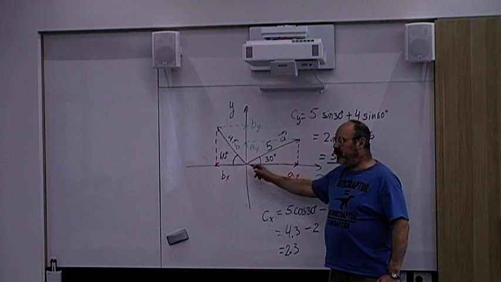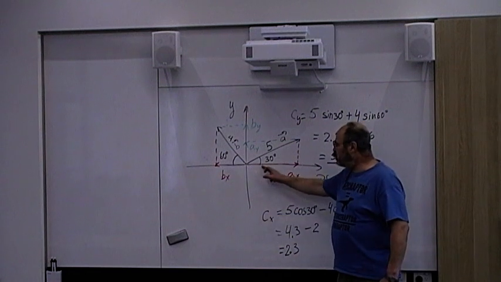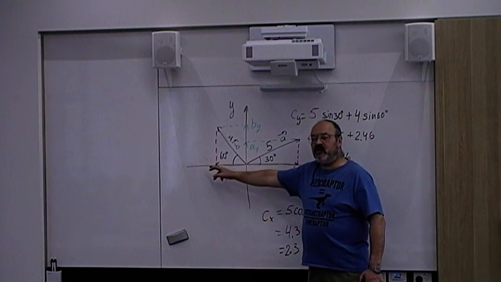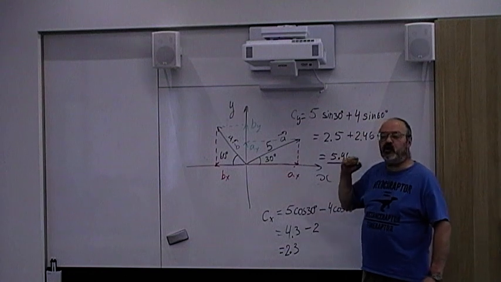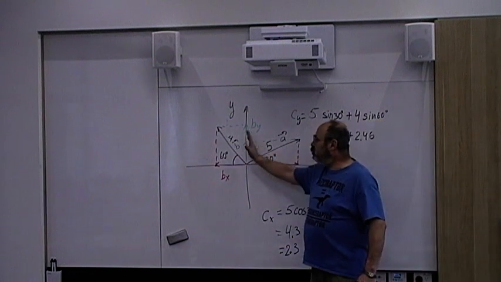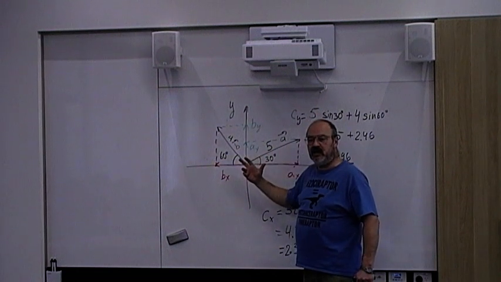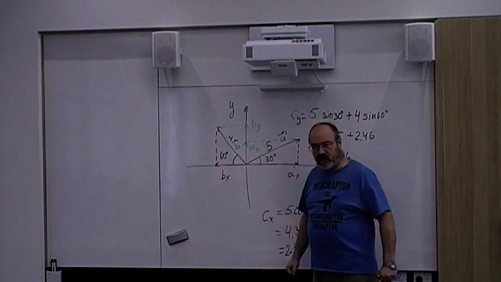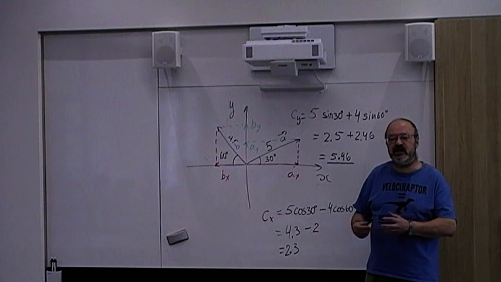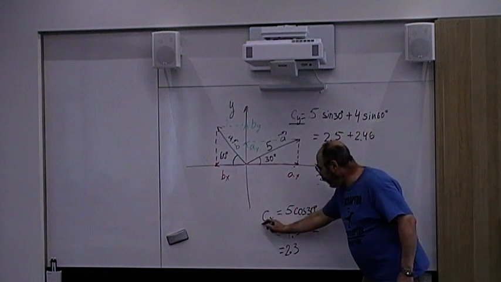We have found that CX is the addition of the x components of vectors A and B, so it's the resultant component in the x direction. AY plus BY will be the resultant component in the y direction. So we have not found vector C yet, only its x and y components.